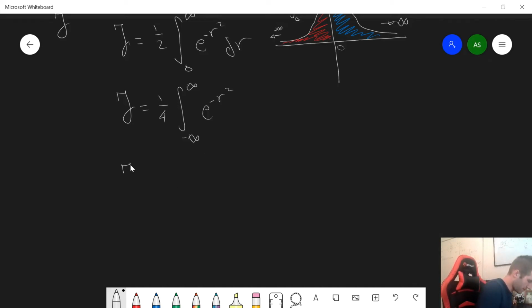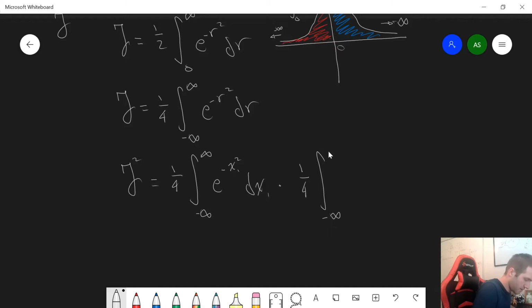So if we square j, then we're left with 1/4 times our integral from negative infinity to infinity of e raised to the negative, I just said I'm changing that, so we're going to call it x squared, x subscript 1, with respect to x1, times 1/4 of negative infinity to infinity, and then we're going to have e raised to the negative x2 squared dx2.